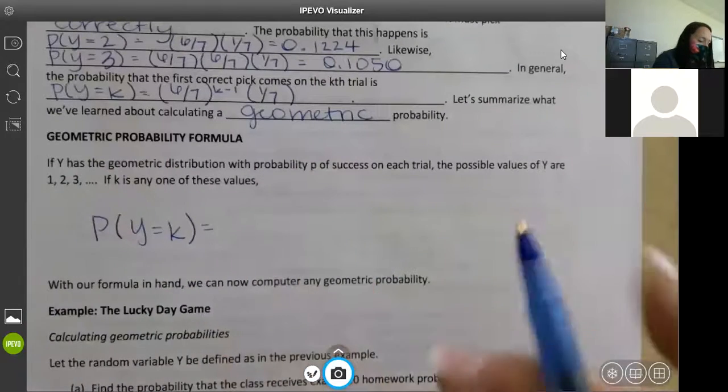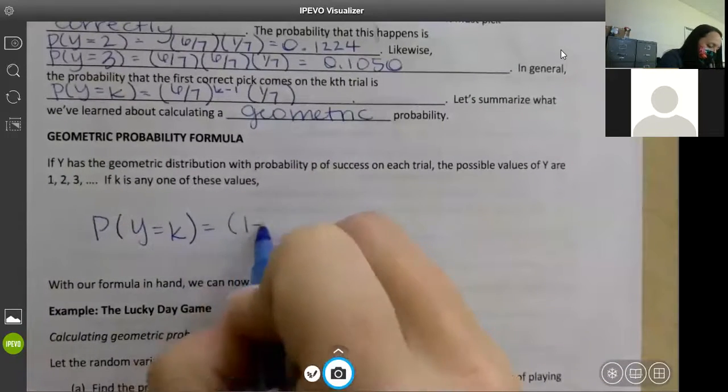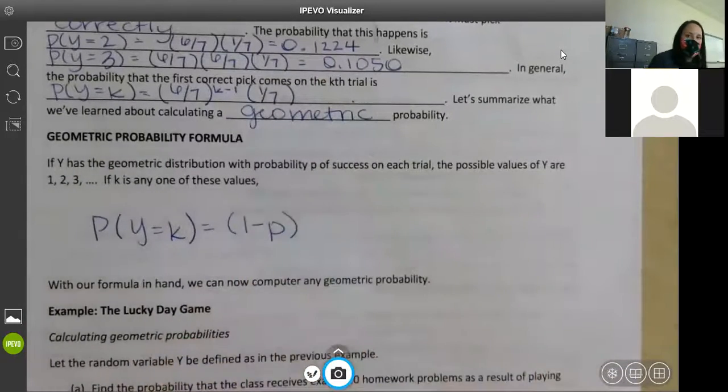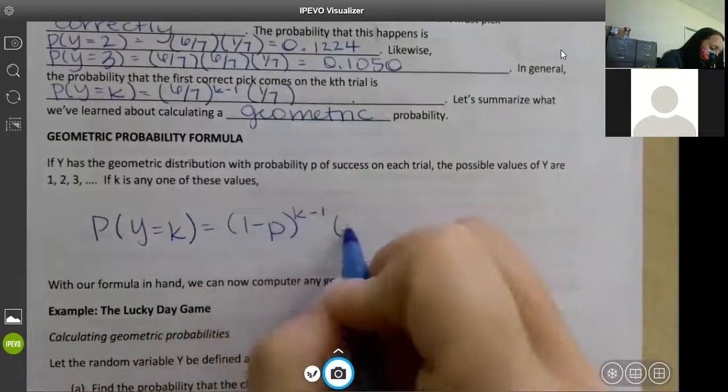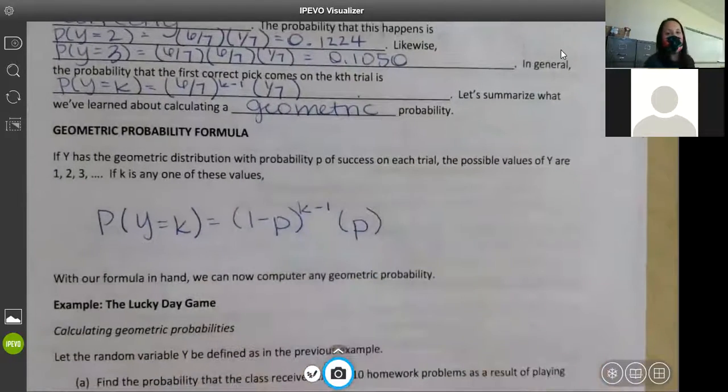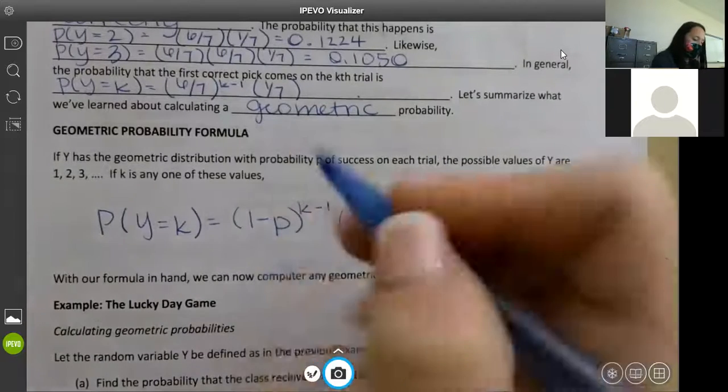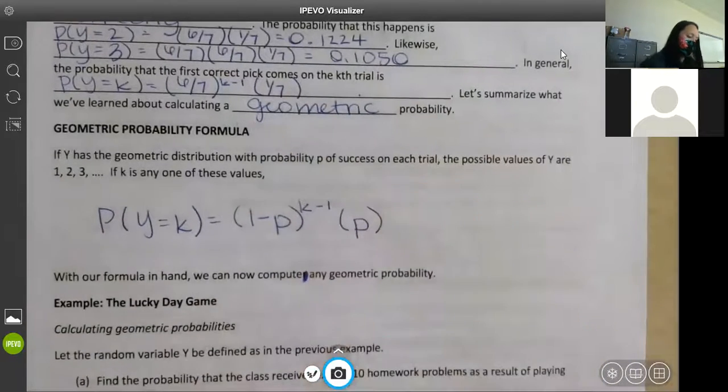For the lucky day setting, we did the failure. Remember to find the failure, it's 1 minus p, to the k minus 1, times your 1 success. With our formula in hand, we can now compute any geometric probability.